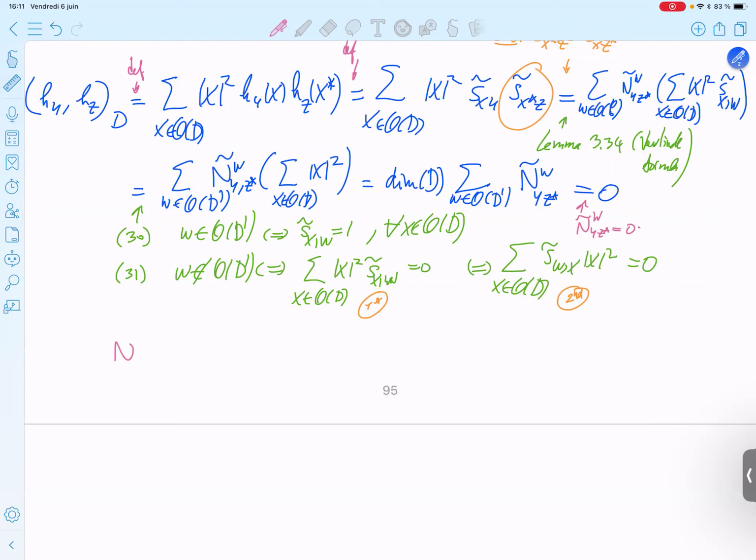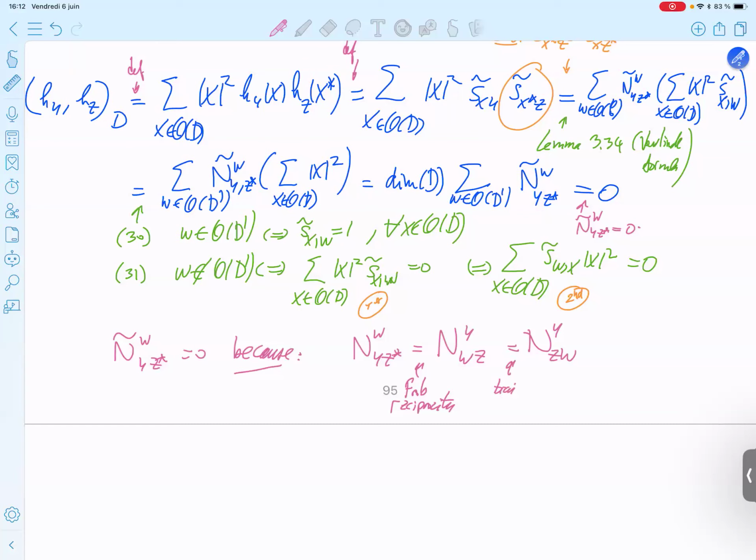So N Y Z star W equals 0 because you have N Y Z star, without tilde, which is equal to N W like that by Frobenius reciprocity. This is equal to N Y Z W because it's braided.